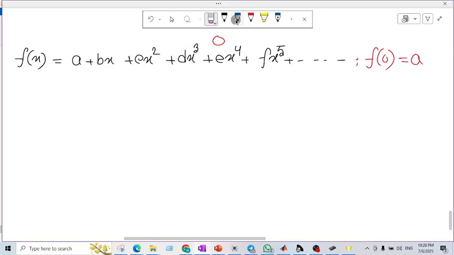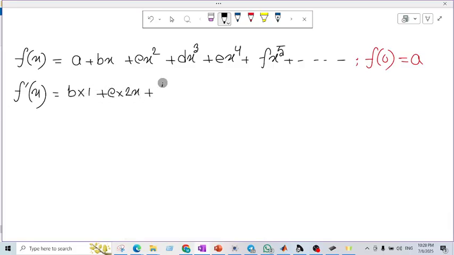Okay, now let's differentiate this thing, f prime x. And if I differentiate this function, this coefficient will be equal to 0, so the first term will be b into 1, then c into 2x, then d into 3x square. Then you have to differentiate this thing.